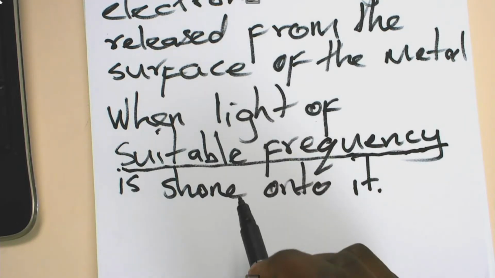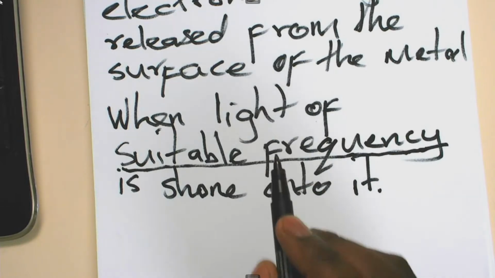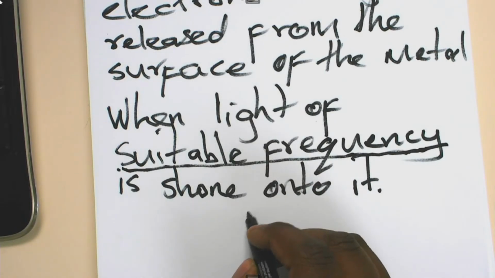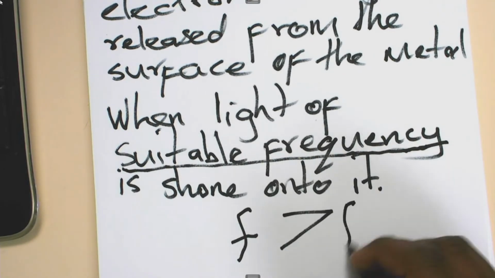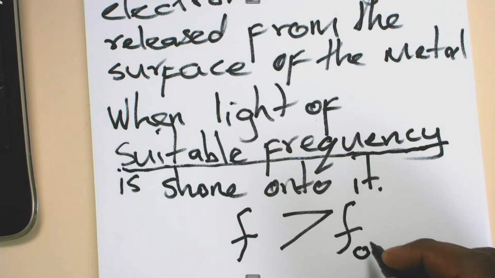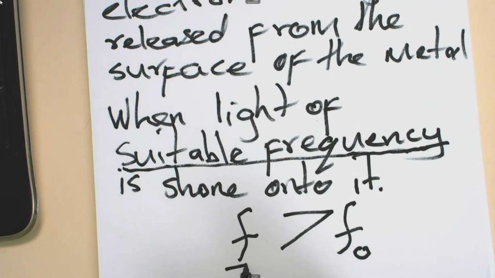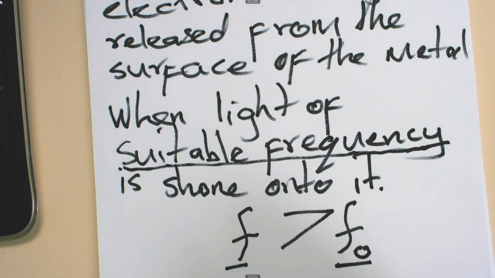How do you then determine the suitable frequency? A suitable frequency will be the frequency of the light that is greater than what we refer to as the threshold frequency. If the frequency of the light is greater than the threshold frequency, then electrons will be ejected from the surface of the metal.